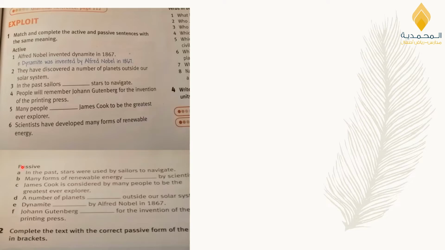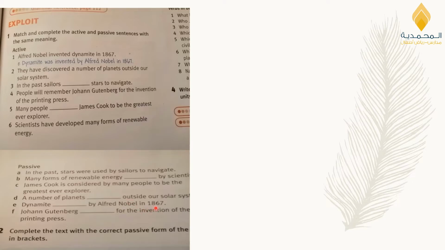So you have to match each sentence from the active form with one from the passive. Let's read the example for more illustration. Alfred Nobel invented dynamite in 1867. The correct answer would be E. Dynamite was invented by Alfred Nobel in 1867.